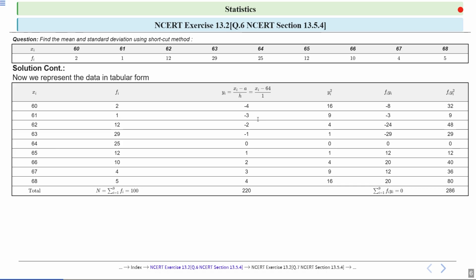At the bottom of the table, we calculated n equal to summation from i equal to 1 to 9 of fi equal to 100, and summation of fi yi equal to 0, and summation of fi yi square is equal to 286.